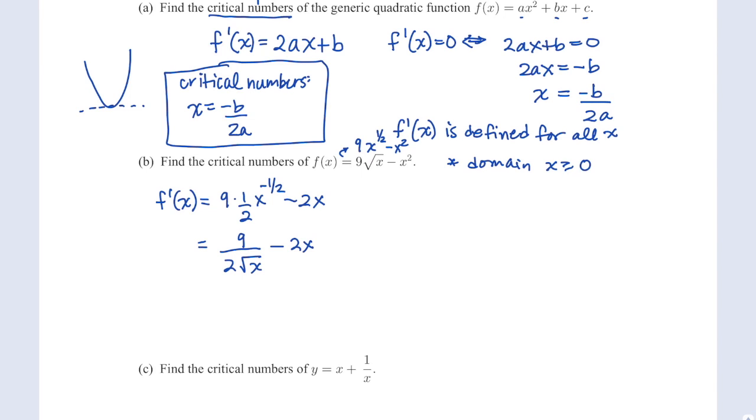So we can see the derivative is undefined if x equals 0, but x equals 0 is not in the domain, so that's not a critical number.